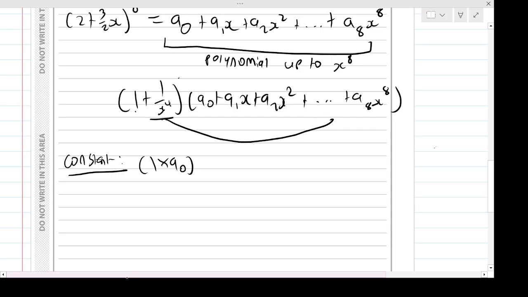So here there'll be a term a4 x to the 4, right? If I multiply 1 over x to the 4 times a4 x to the 4, well, the x to the 4s will cancel and it would just be left with a4, right, this coefficient a4.